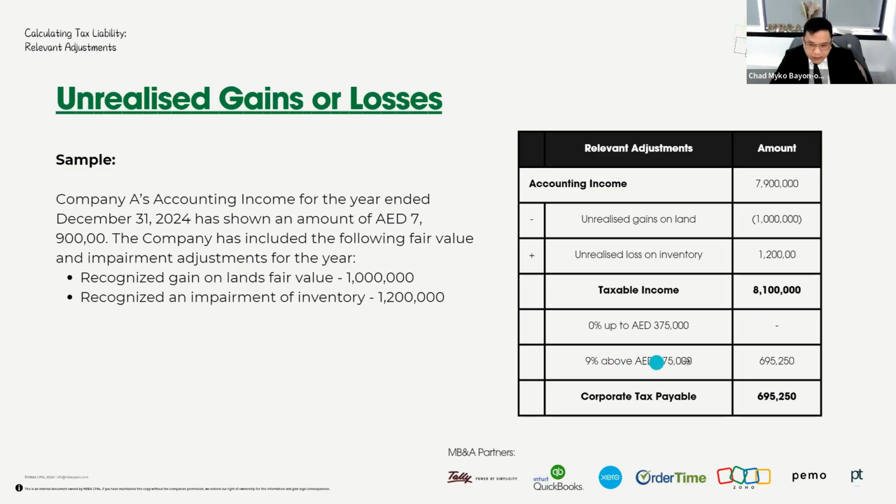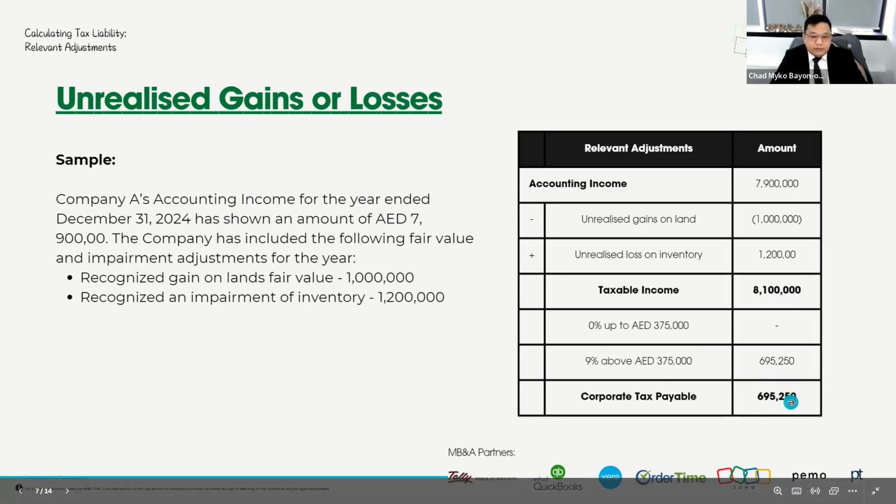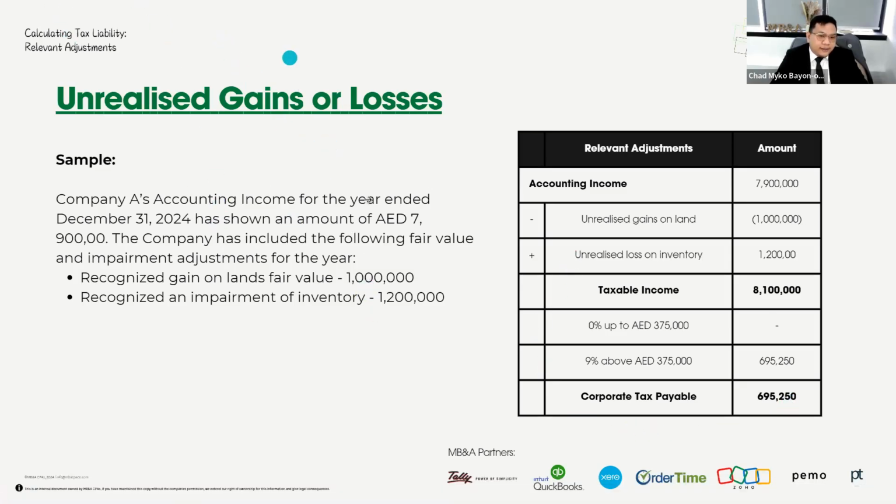And then above 375, 81 minus 375 times 9%, you will be able to come up with tax of 695,250, and up to corporate tax payable of 695,250. So this is based on realized gains or losses.